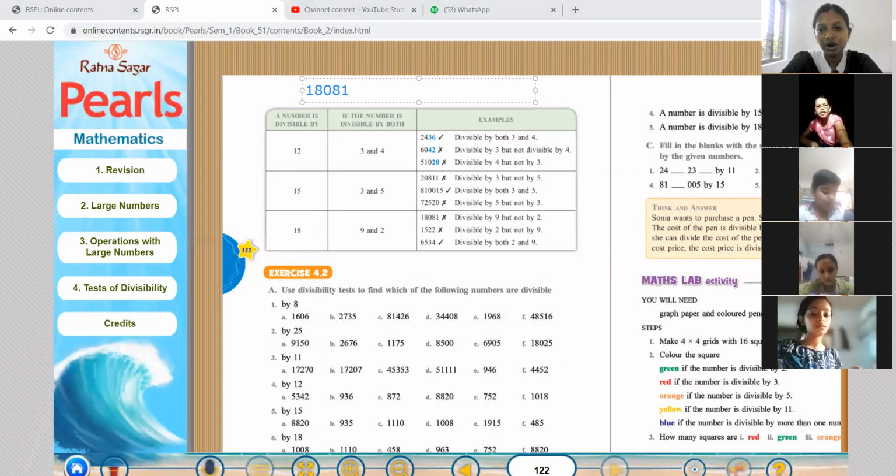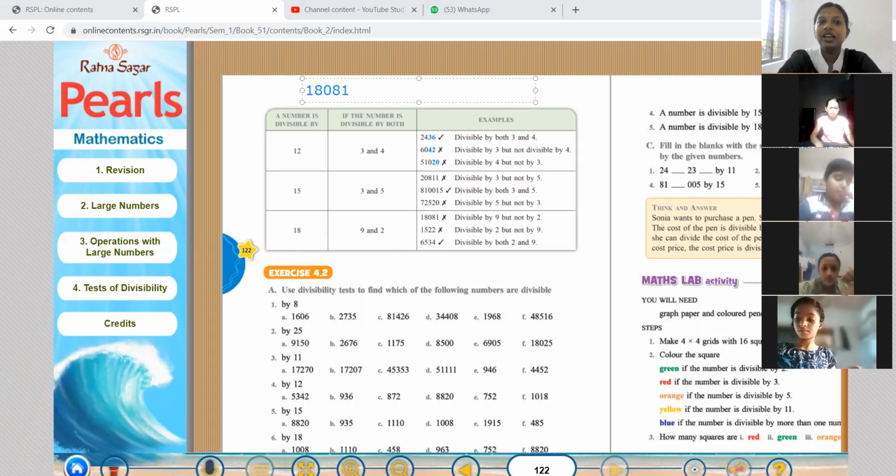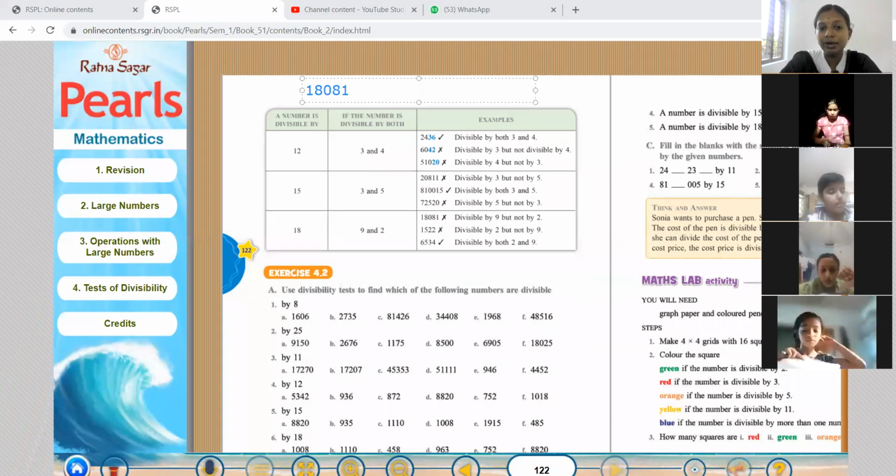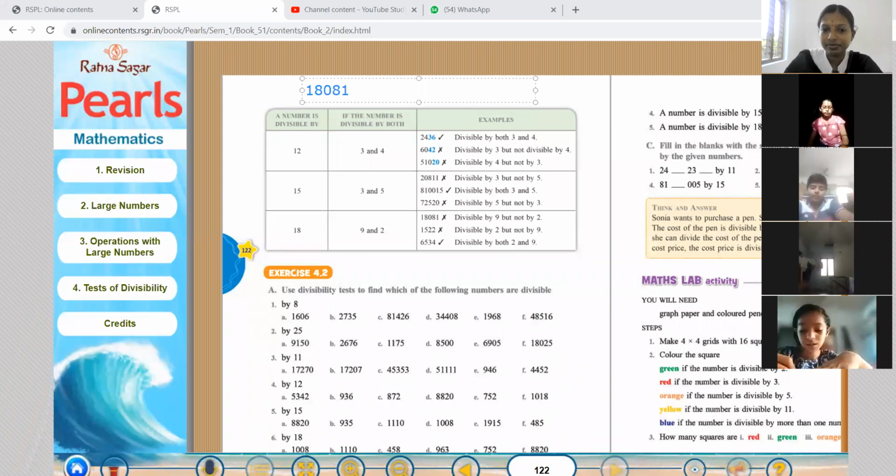No, because for the number to be divisible by 2, we should have the last digit 0, 2, 4, 6 or 8. Here, what is our last digit? Here, our last digit is 1. That's why we can say that the number 18,081 is not divisible by 2, and hence it is not divisible by 18.